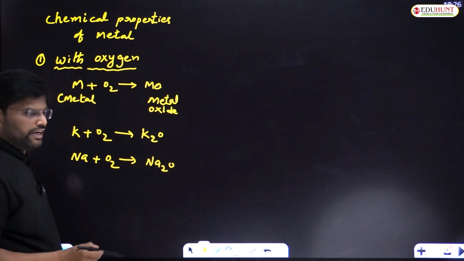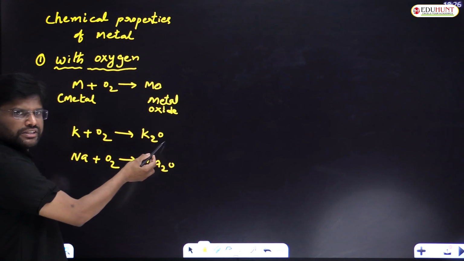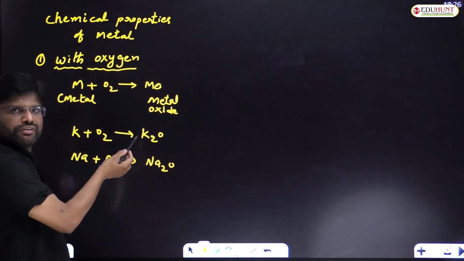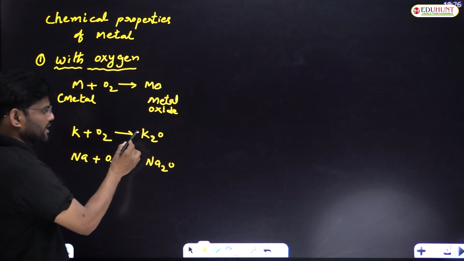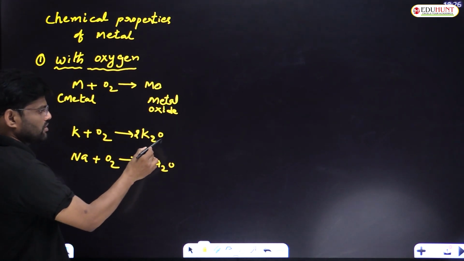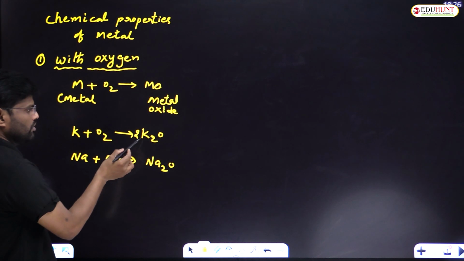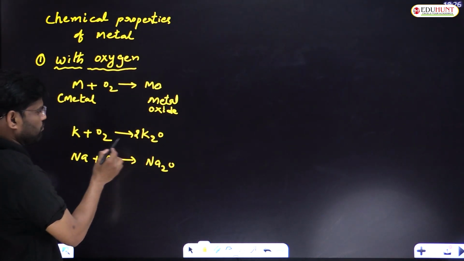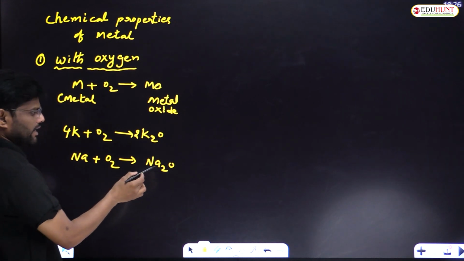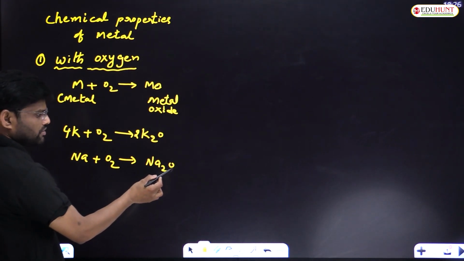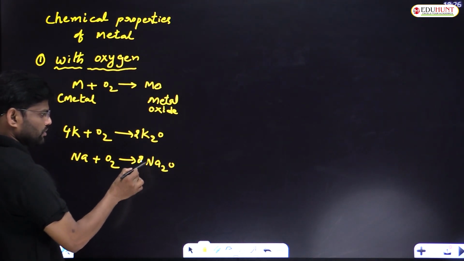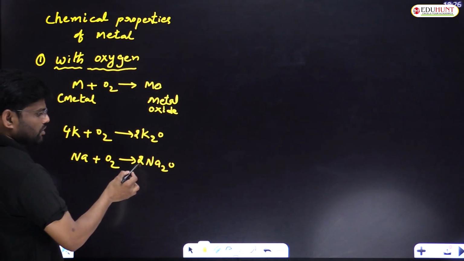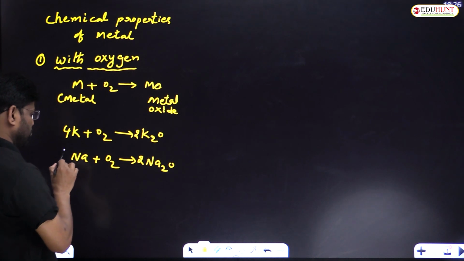Odd numbers are present, so you should convert them into even numbers. Here I am writing 2, so the oxygens are balanced. Next, potassiums: 2 twos are 4 potassiums. And sodiums: 2 twos are 4 sodiums.